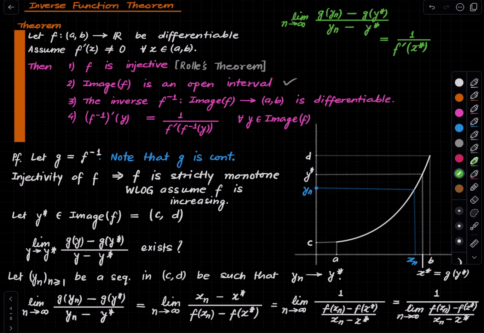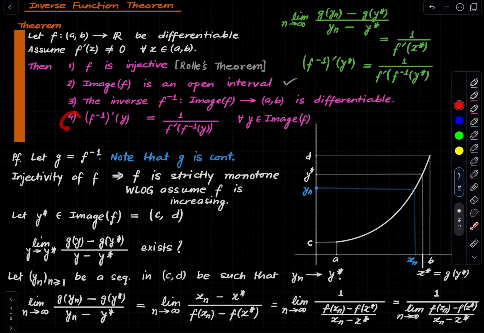This shows that g prime y star is equal to 1 upon f prime x star, but x star we can write as f inverse of y star. And instead of g, we can write f inverse. So this is exactly the fourth conclusion.